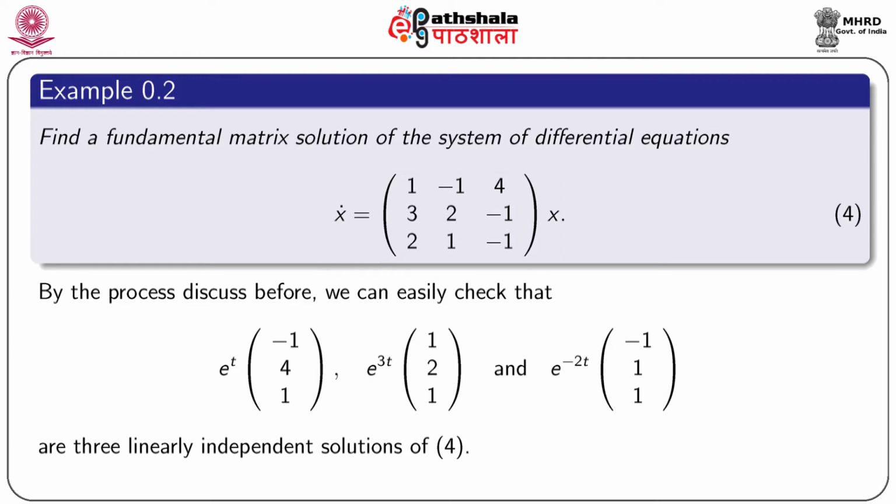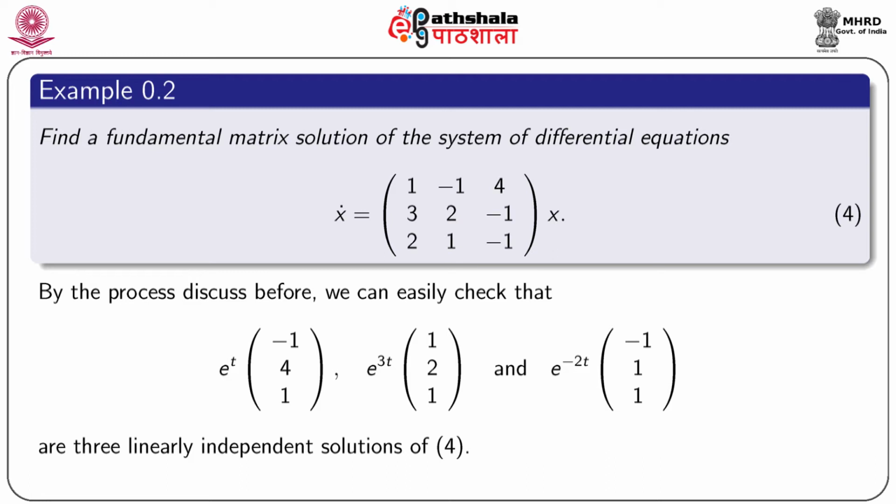Now, it can be easily checked that e to the power t multiplied by the column vector (minus 1, 4, 1), e to the power 3t multiplied by (1, 2, 1), and e to the power minus 2t multiplied by (minus 1, 1, 1) are three linearly independent solutions of the system of equation 4.